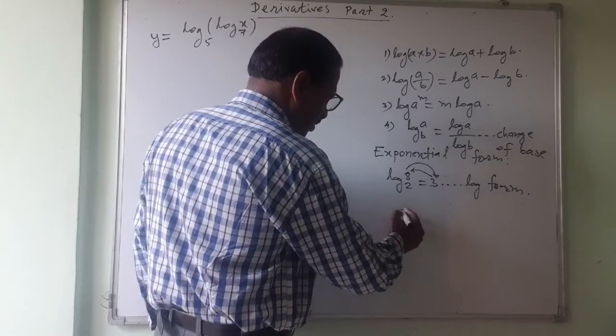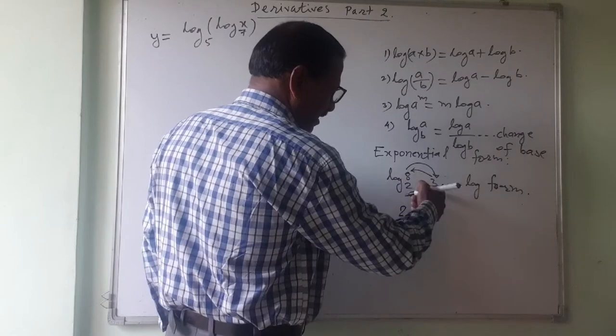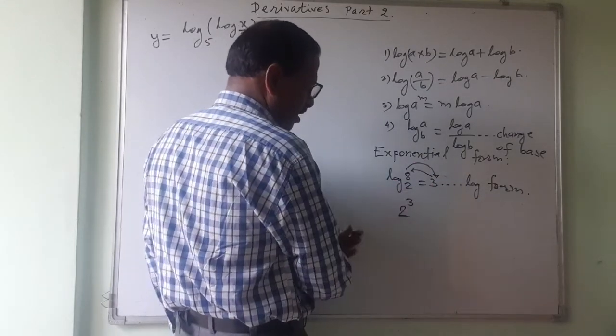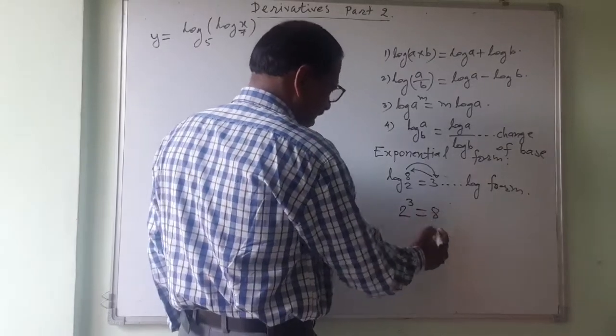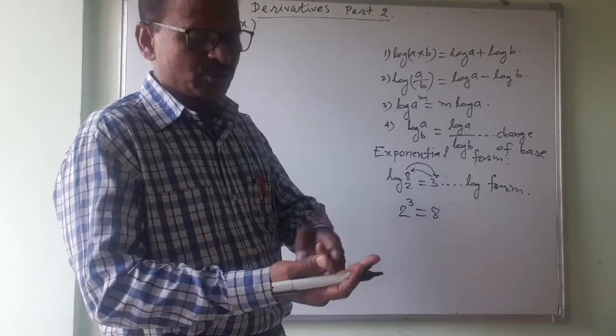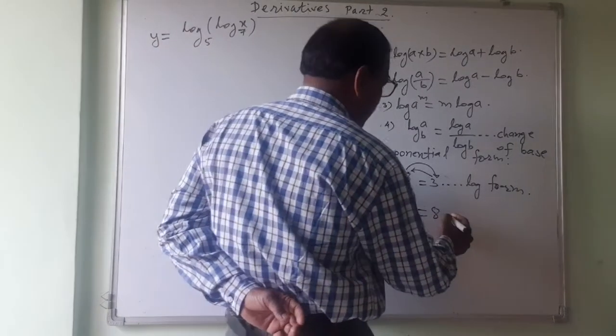Then it will be 2 raised to 3 is equal to 8. Check whether this is correct or not. 2 raised to 3 means 2 into 2 into 2, 2 twos are 4, 4 twos are 8, so it is correct. This is called the exponential form.